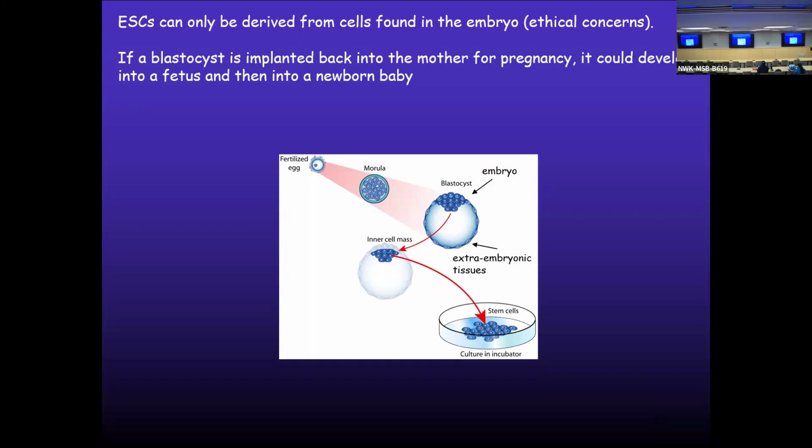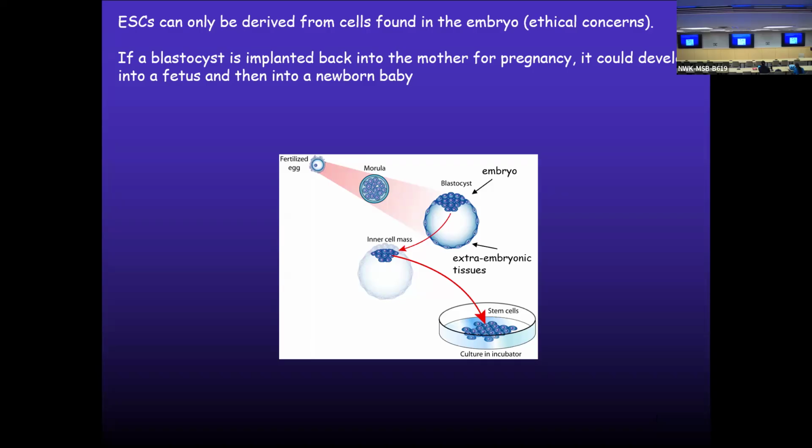When we talk about mouse ESCs, nobody cares about whether to use an embryo, a blastocyst, for embryonic stem cell purposes. But when we talk about human experiments or human research, the problem is that if you want to make human embryonic stem cells, you have to sacrifice an embryo.